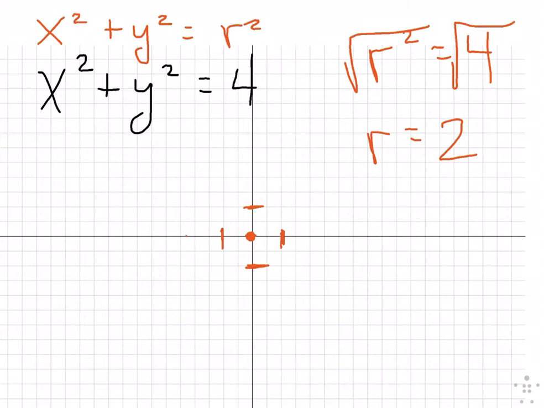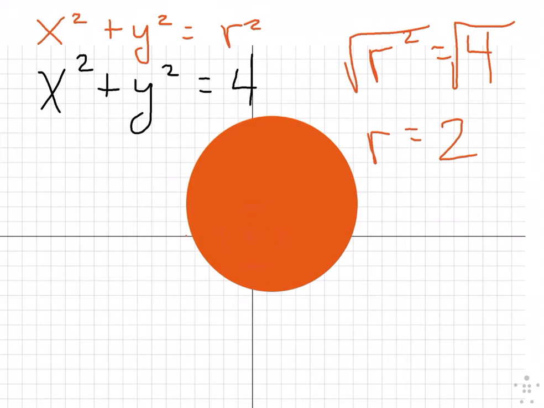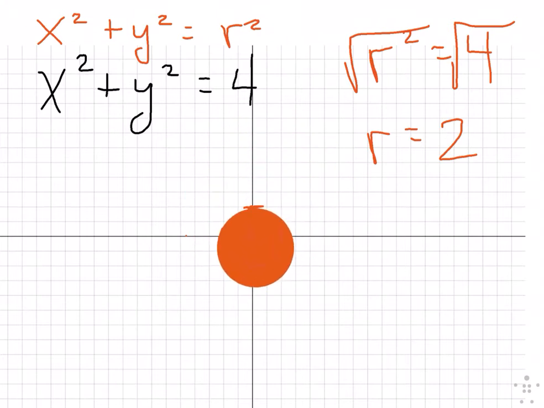What do you think I'm going to do with all those pieces? Connect them. Not with straight lines, but in a circular pattern. Kind of like that. Look how good my circle is. I cheated. Okay? So then you draw your circle. Does that make sense for the first one?